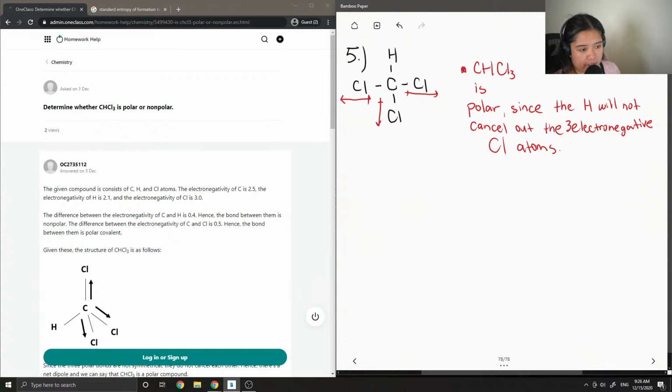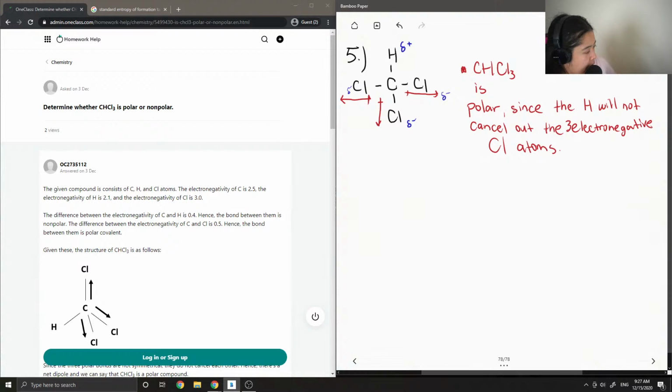Okay, so you can see that there is an unbalanced sharing of electrons. So we can show that this molecule has partially negative sides and then a partially positive side where the hydrogen is. So this creates a non-zero dipole moment, making this molecule polar.